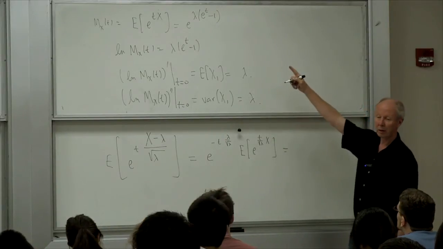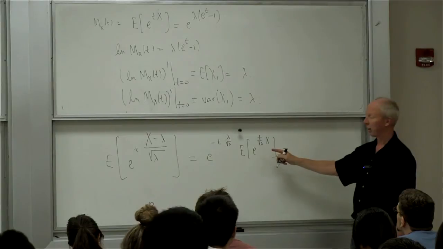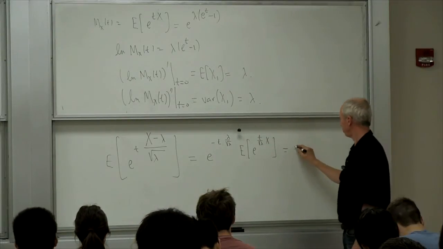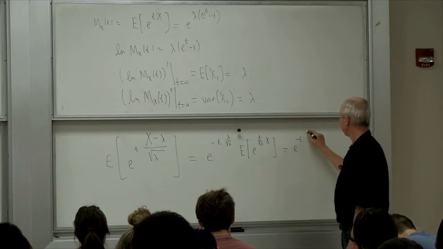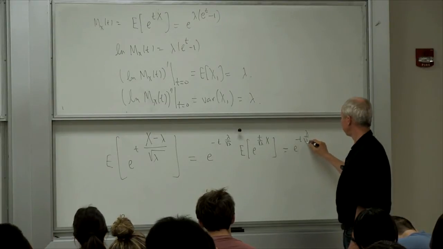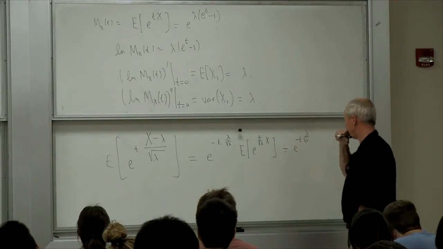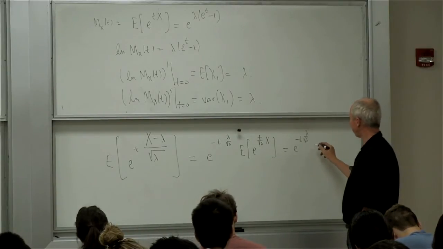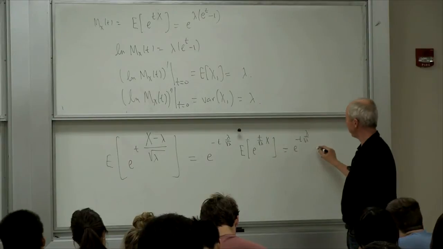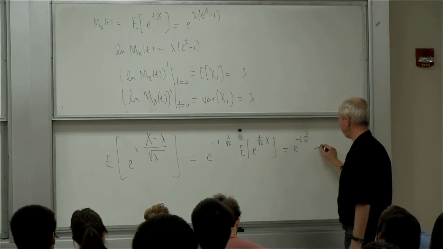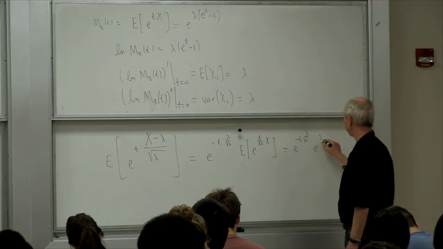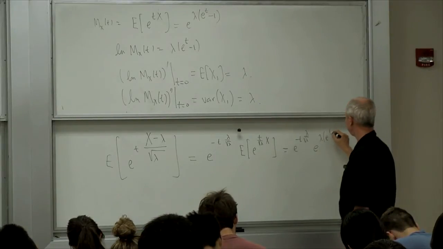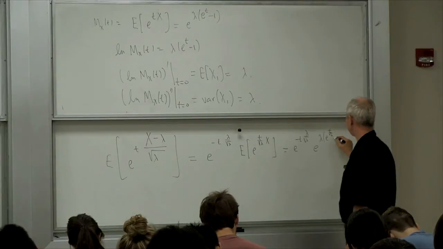I wrote it down up there. But we're evaluating not at t, but at t over root lambda. I know it looks a little perverse to write lambda over root lambda, but let's keep it for now. Maybe it'll be useful in that form. And then this becomes e to the lambda times e to the t over root lambda minus 1.